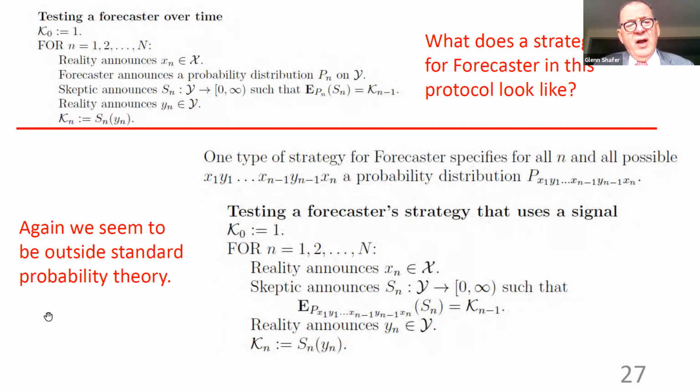This is also outside standard probability theory. Probability theory doesn't really deal with that, because you've got this rigid framework: Kolmogorov's axioms, Doob's filtrations. You've got to have one big probability space. So this is outside standard probability theory.